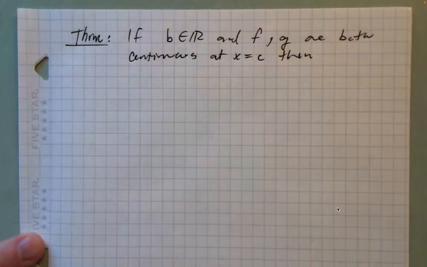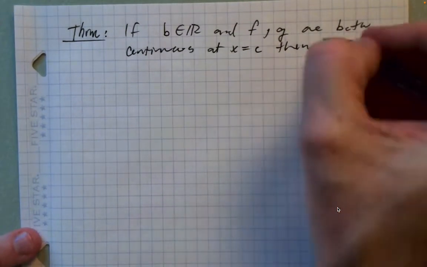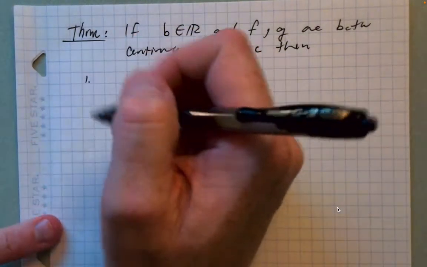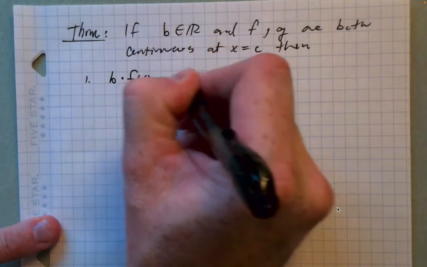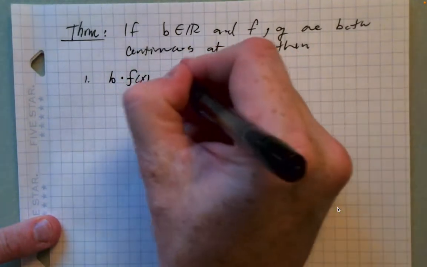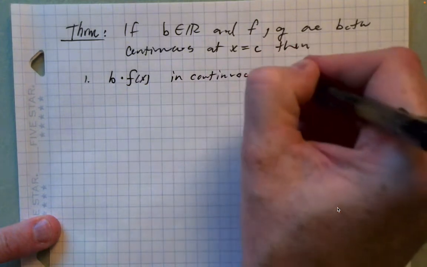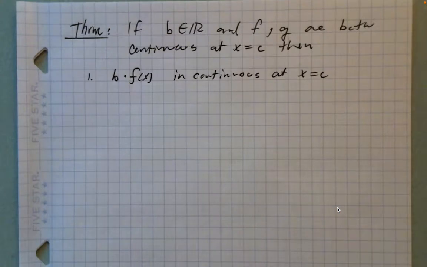So you've got two functions, f and g, they're both continuous at this point x equals c, and b is just a constant. Then the following is true. Okay, so first of all, the constant times f is continuous at x equals c. Okay, so that's natural.